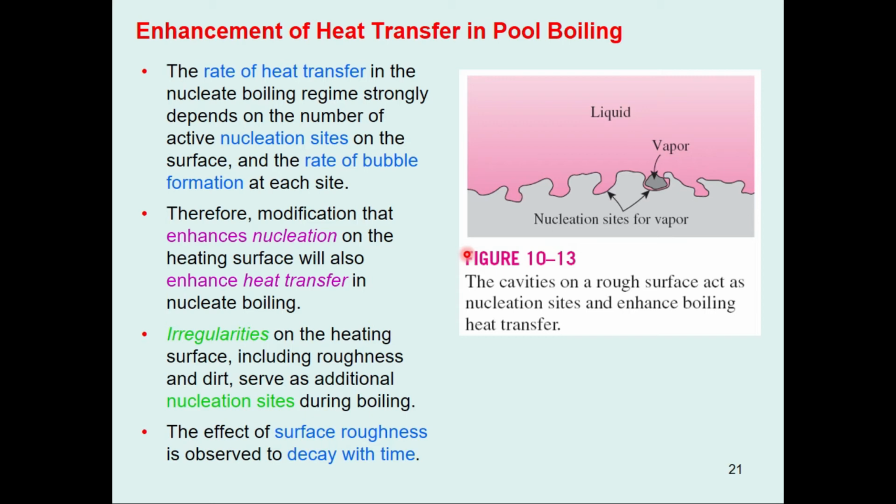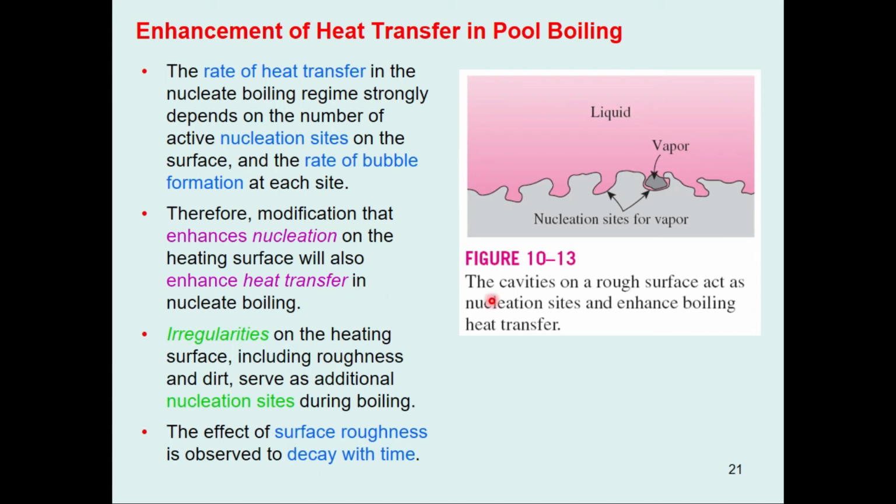The rate of heat transfer in nucleate boiling, which is the second region of the boiling curve, is strongly dependent on the number of active nucleation sites on the surface and the rate of bubble formation from each site. So a modification that enhances nucleation, or enhances the rate of evaporation or vapor formation on the heating surface, will enhance the heat transfer in nucleate boiling.